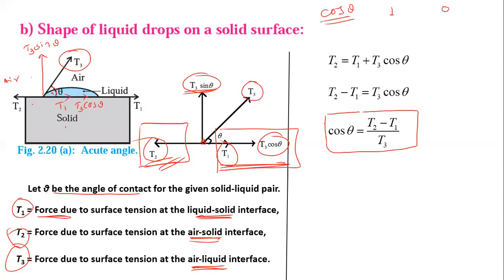Cos theta lies between 0 and 1 only. If you see the natural cosine table, you will see cos 0 is 1 and cos 90 is 0. Means cos has a value 0 to 1.